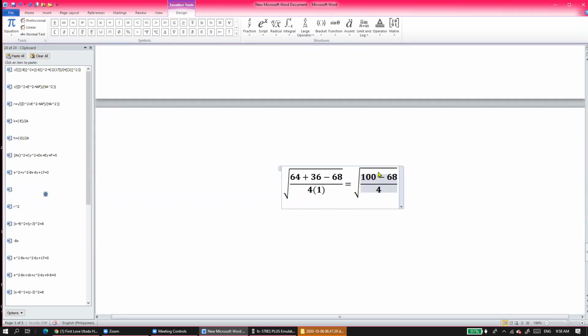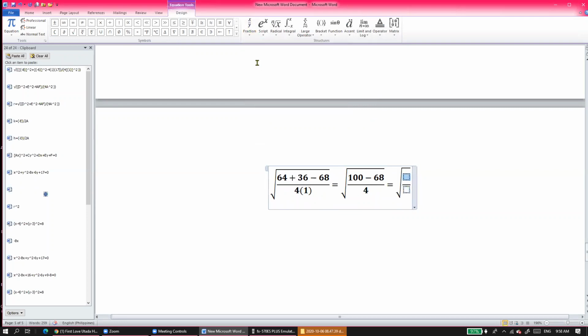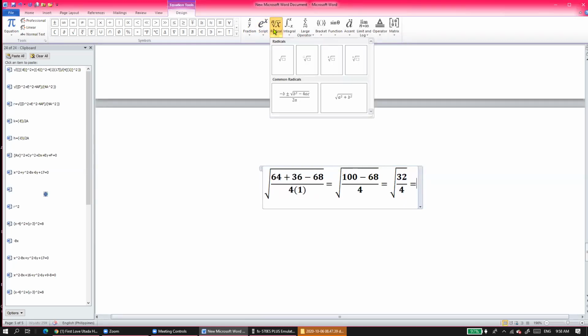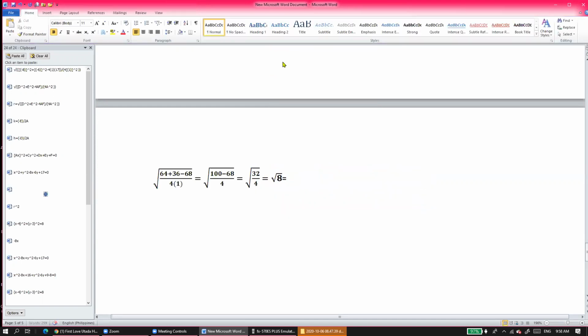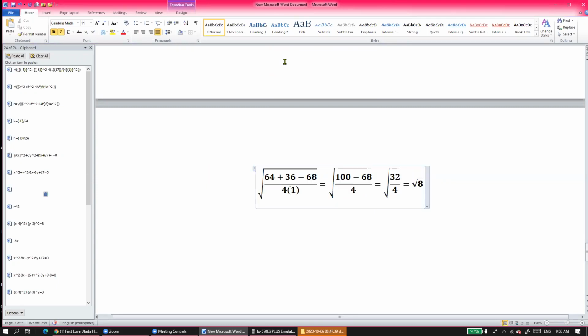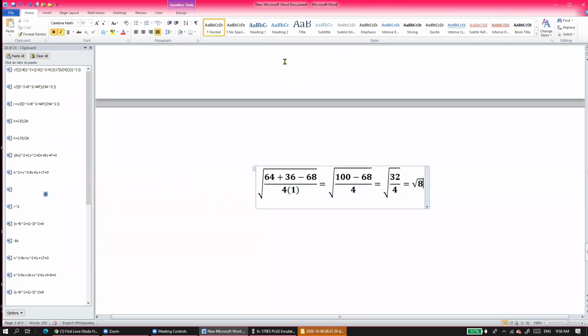Equal. Square root again. And then fraction again. 100 minus 68 is 32 over 4. Equal. 32 divided by 4 is 8. Equal. Kailangan pala nakapasok.